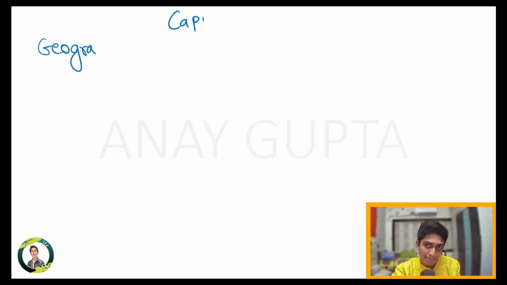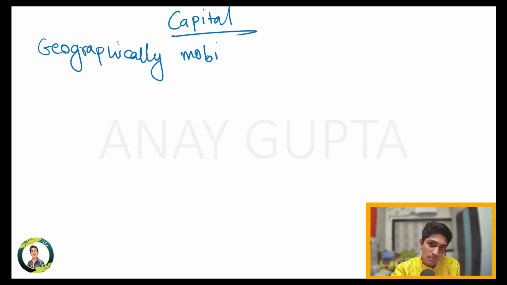So capital goods are geographically mobile, because I can transport goods from one place to another. Now, you could argue that if there's a factory in some place, I cannot really take that factory from one place to another, and that makes it geographically immobile. Yes, you are correct at that point as well. So, it's all about perspectives, as I said.